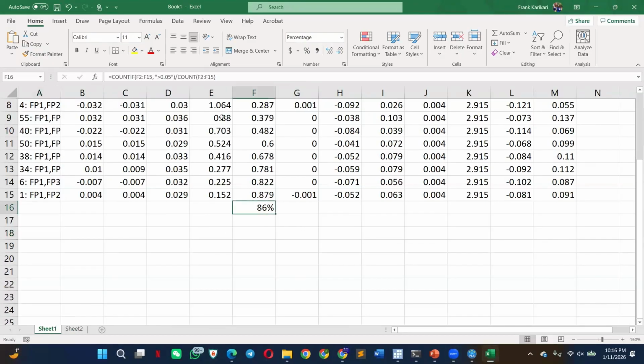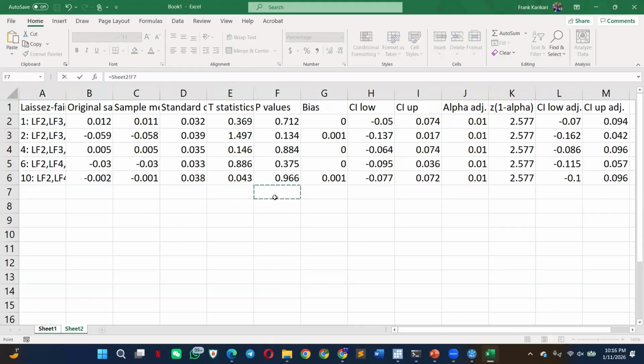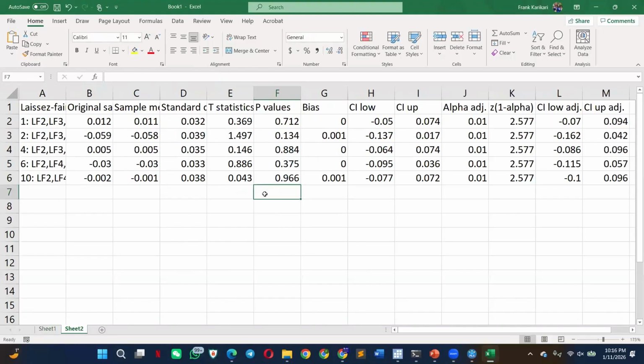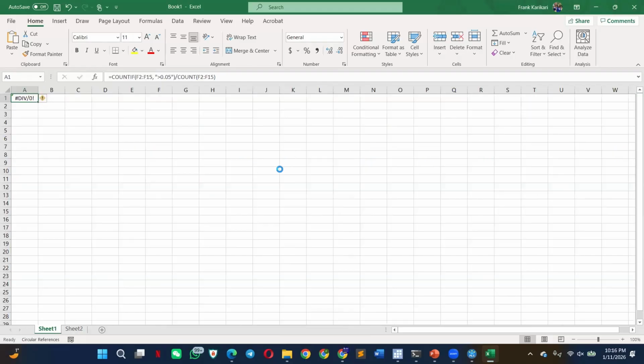Let me try and then copy the formula here. I think it is because of the formulas that I used.